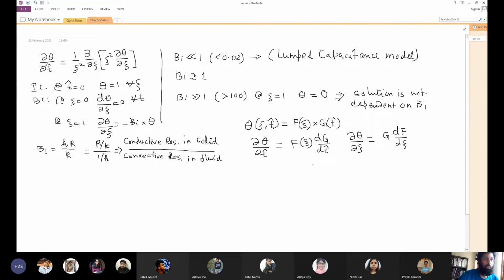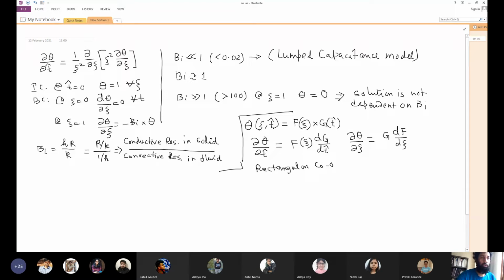And it's easier if we take the rectangular coordinate system version of this equation. This is a spherical coordinate system.